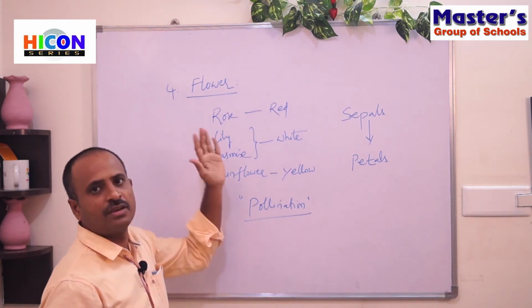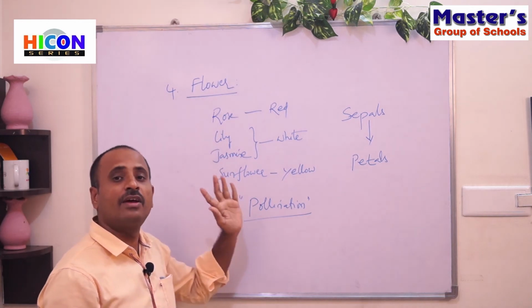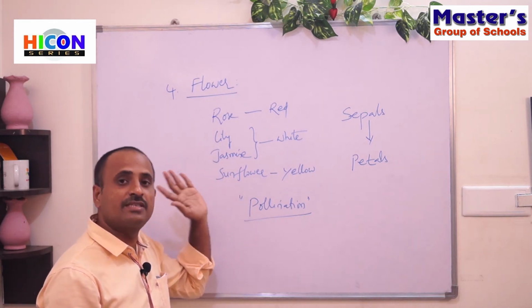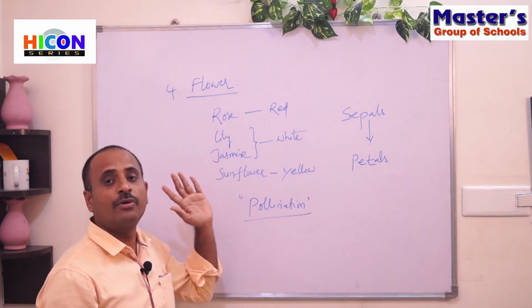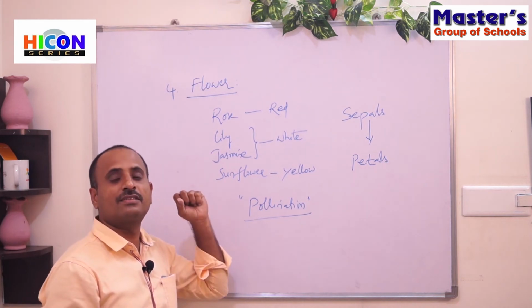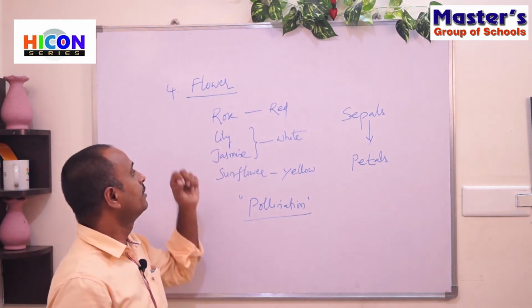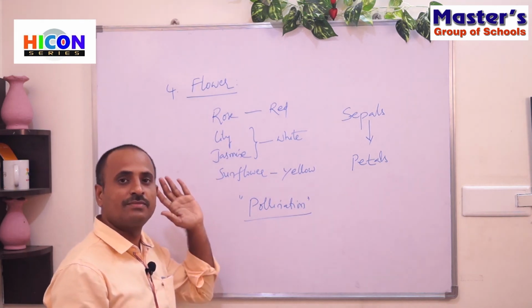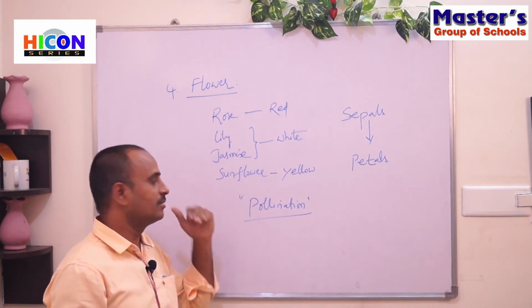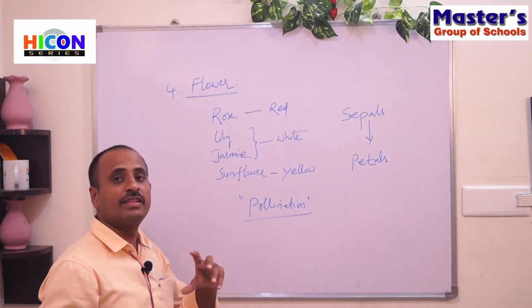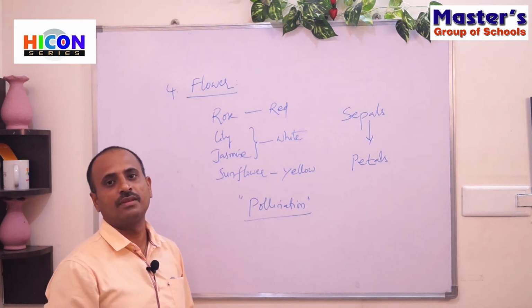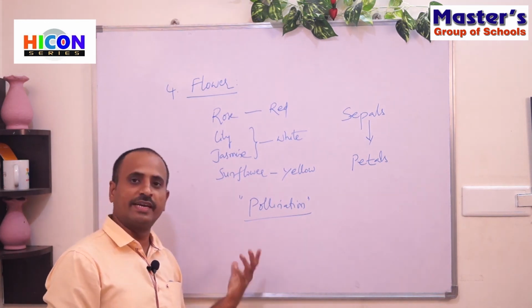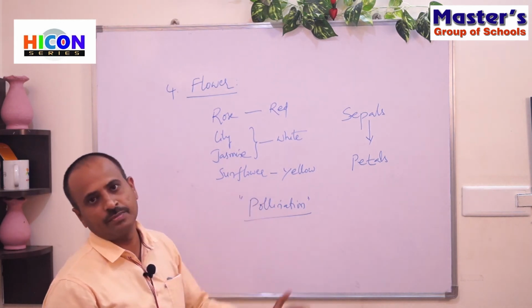That's why the flowers are in different colors and have different, pleasant smells, because they have to attract the insects. Insects are attracted by the colors of the flowers and by their smells. Pollination takes place when the insects fall on the flowers. Then if pollination takes place, reproduction will take place.